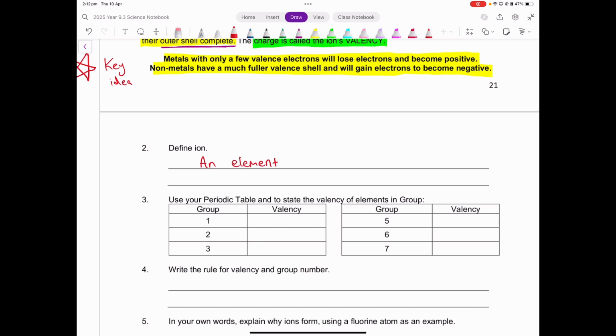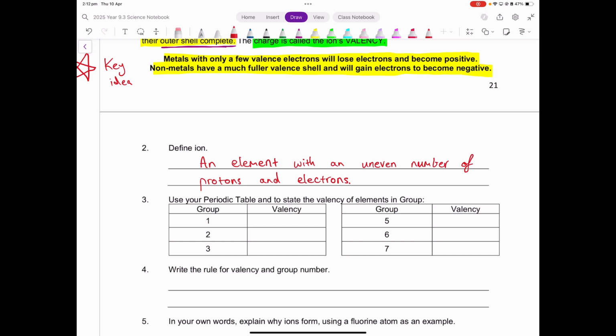So it is an element with an uneven number of what two things? Protons and electrons. Exactly right. So it just means that there is going to be a difference.